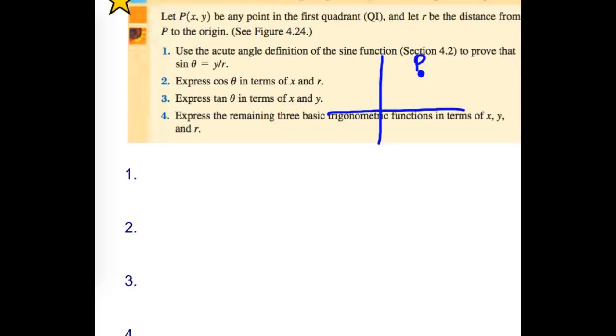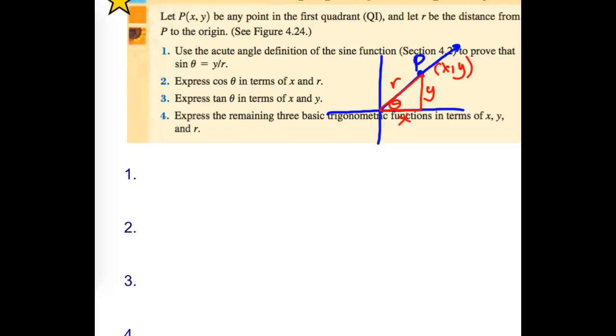We'll label that P. If we make a triangle out of that, and we say it has coordinates x, y, to create this triangle and have our angle be in standard position, so over here, then x is positive and y is positive. Okay, so I'm going to go x spaces to the right, y spaces up. They said let R be the distance from P to the origin. So that's the hypotenuse of my triangle.